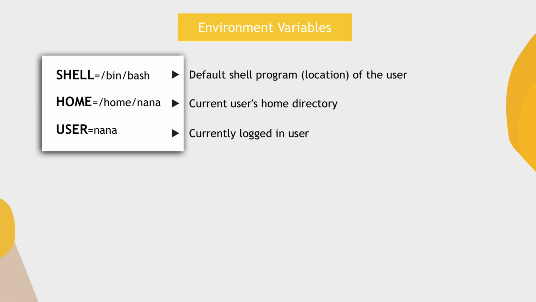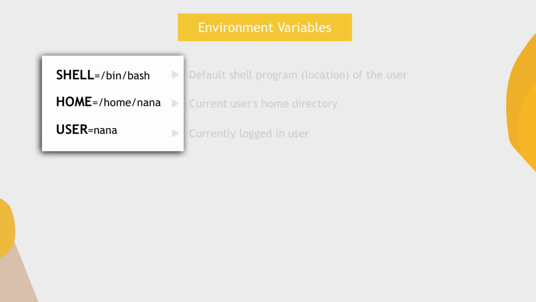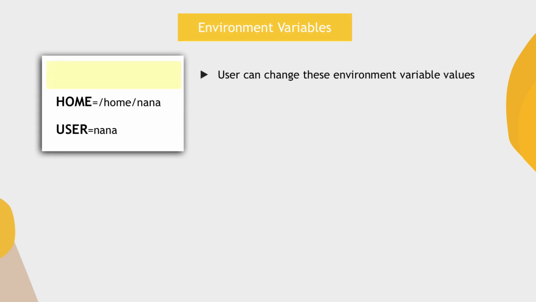And as we learned, by default, Linux configures bash as the default shell program, but a user can change that to another shell program like Z shell, for example, right? So the value of the SHELL environment variable will point to the path of Z shell instead.